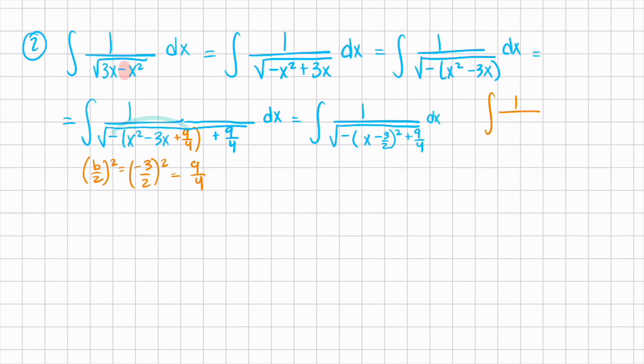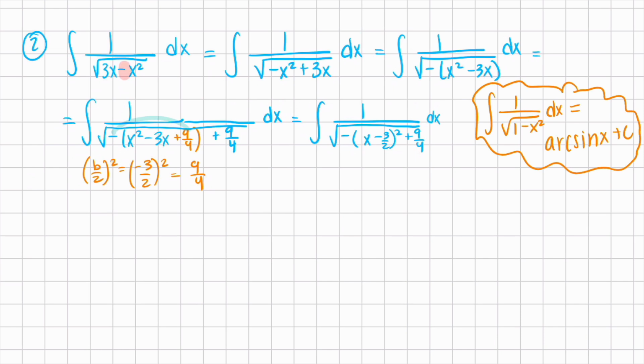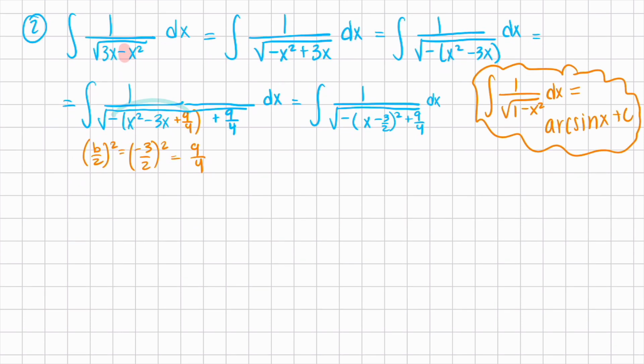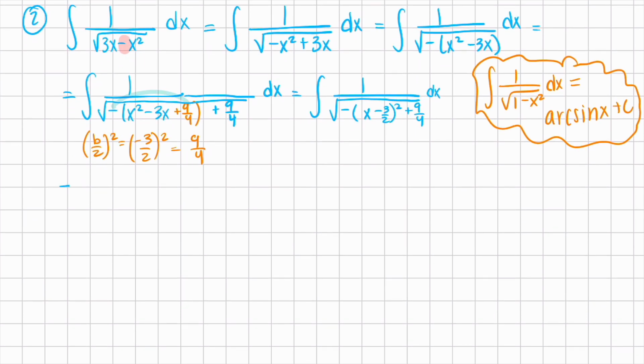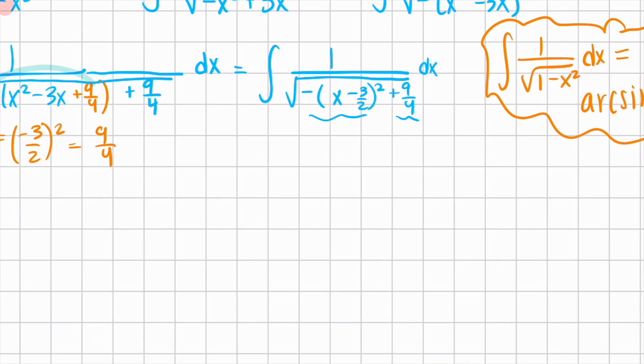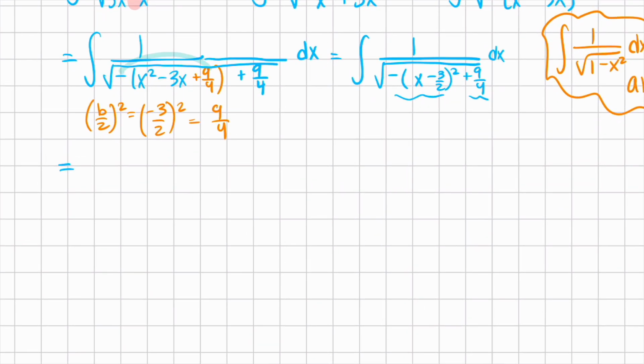So this is the identity that we are aiming for. Okay, so next thing I'm going to do is I'm going to switch the two terms under the radical, just because in the identity the squared term is second.